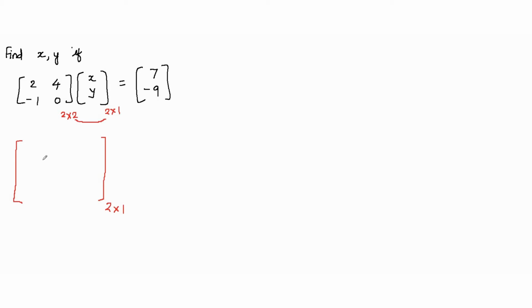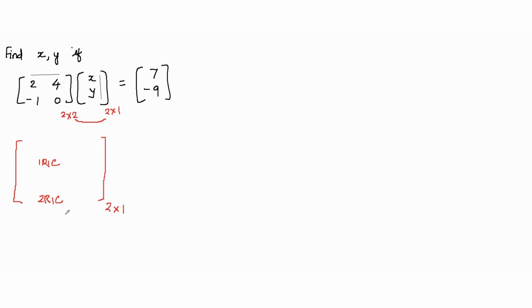So let's find the element of first row, first column, and second row, first column. Let us find the element of first row, first column. I would take the first row, that's 2 and 4, and these two elements would be multiplied with the elements x and y.